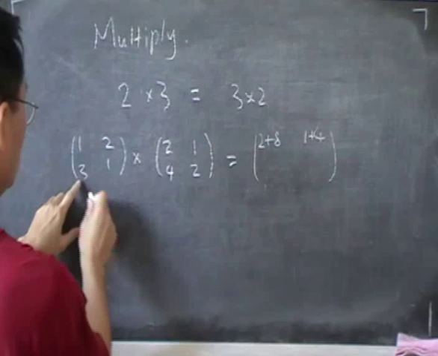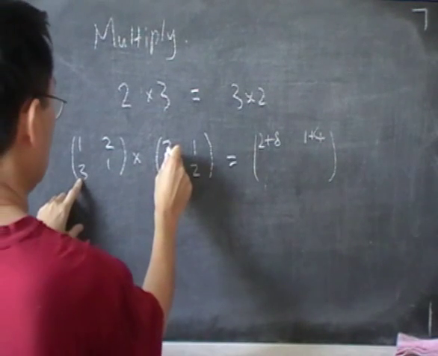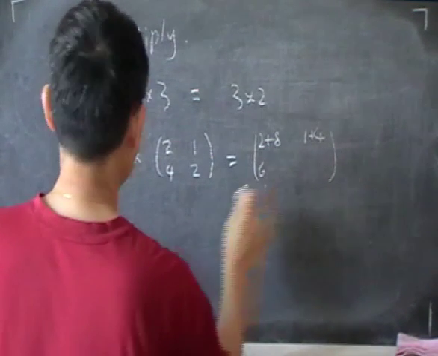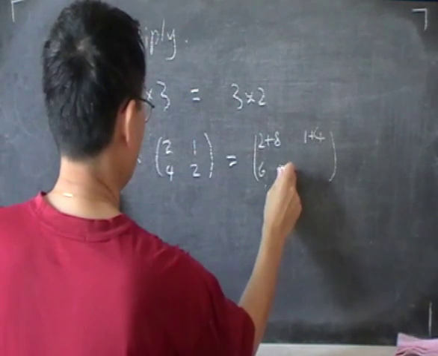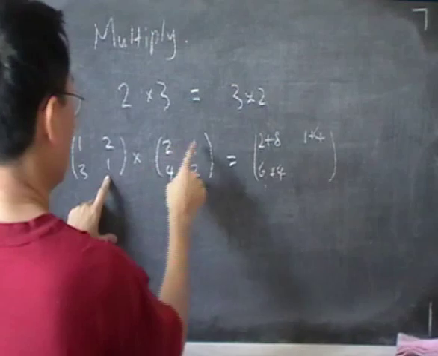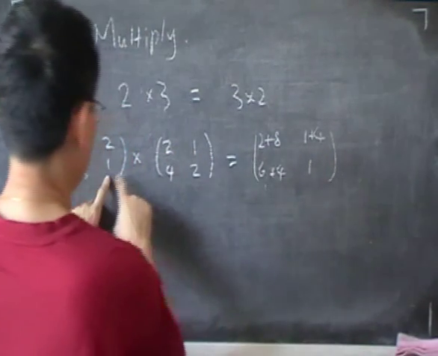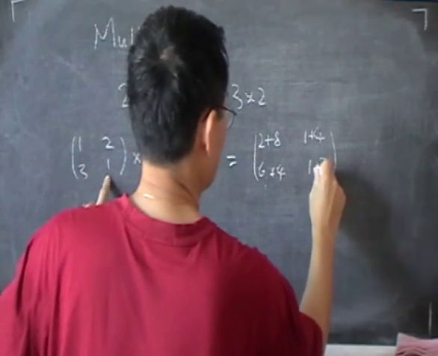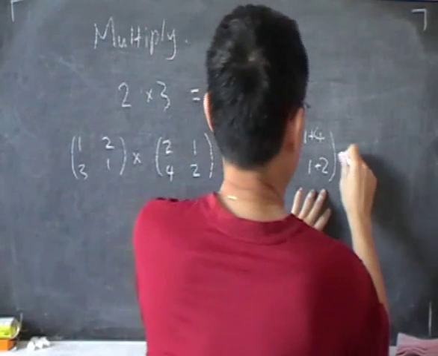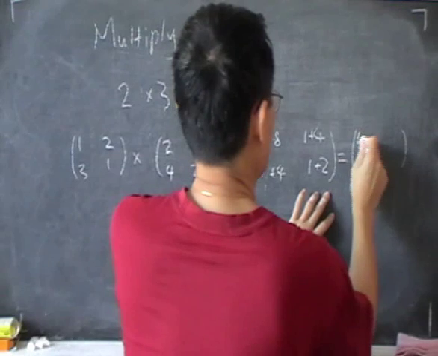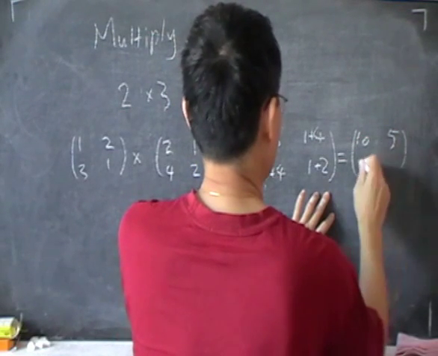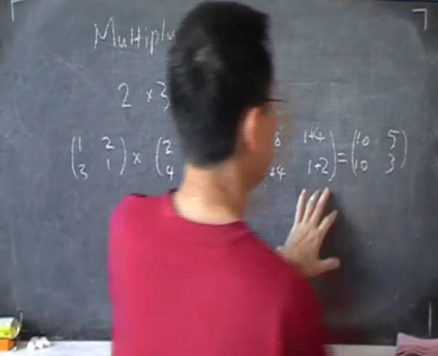And then I would do 3 times 2, 6, 1 times 4, 4. 1 times 1, 1 times 2. And the answer is 10, 5, 10, 3.